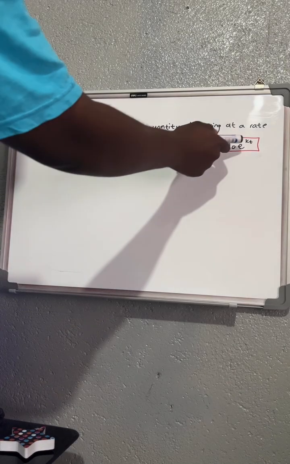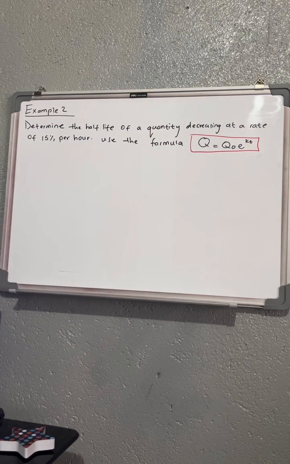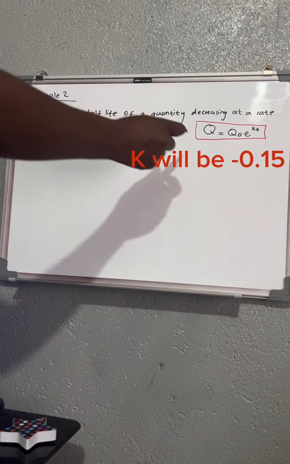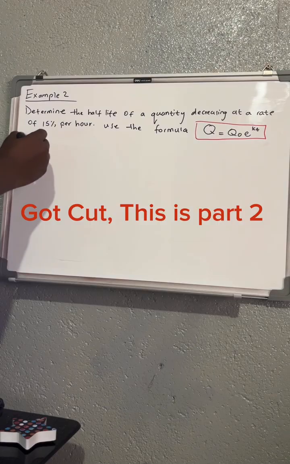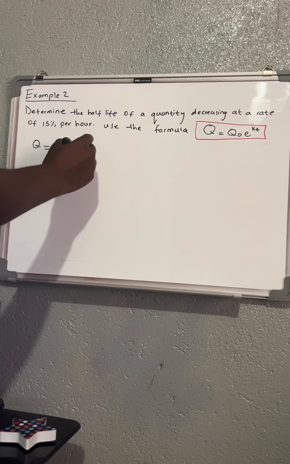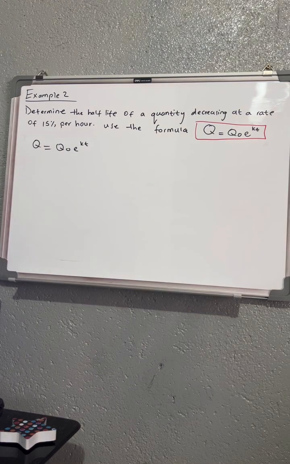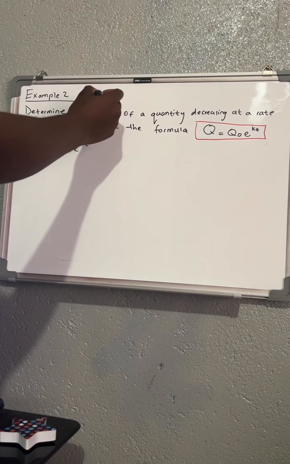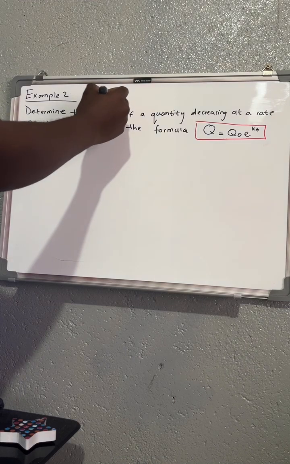It means this K, your factor of decay or growth, is going to be, we're given the formula, so we can continue and say we have Q0, we have E, the exponent KT. Then what did they say? Then from this we have to find the half-life of a quantity.